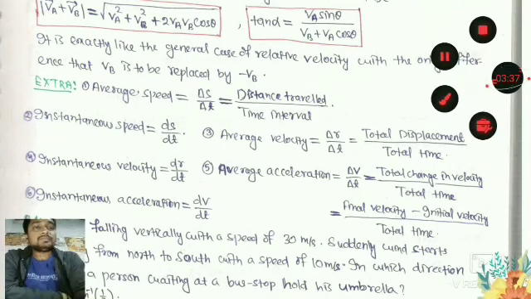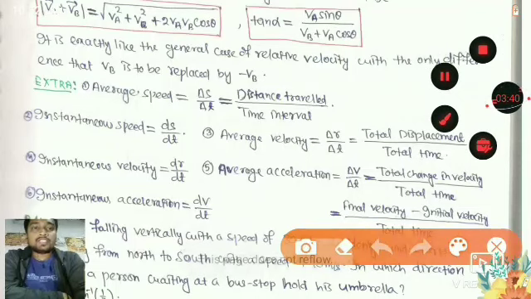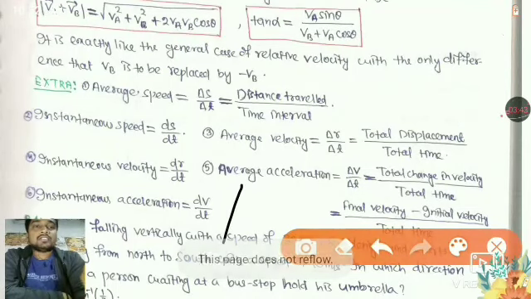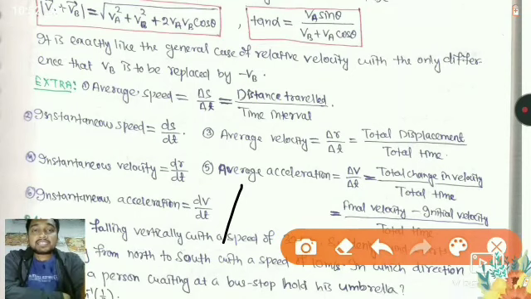These are the formulas we know from the basic concepts. Average speed is equal to distance traveled by time interval, or distance by time. Instantaneous speed is ds by dt, or speed at any instant of time. Average velocity is the same, total displacement by total time.